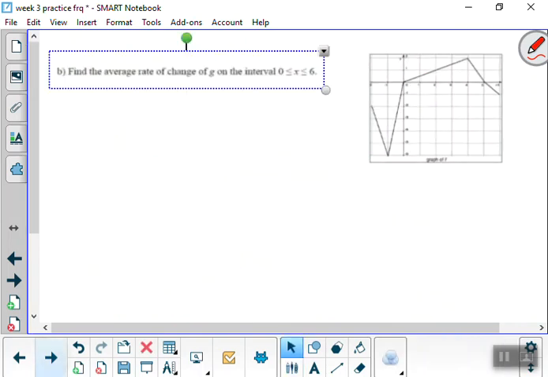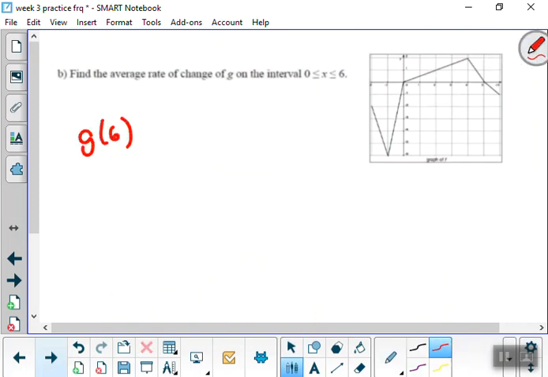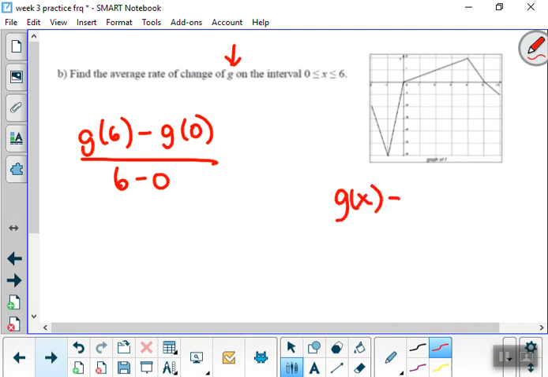Part B, average rate of change. So average rate of change would be g of 6 minus g of 0 over 6 minus 0. Remember, g of x is the integral from -1 to x of f of t dt.